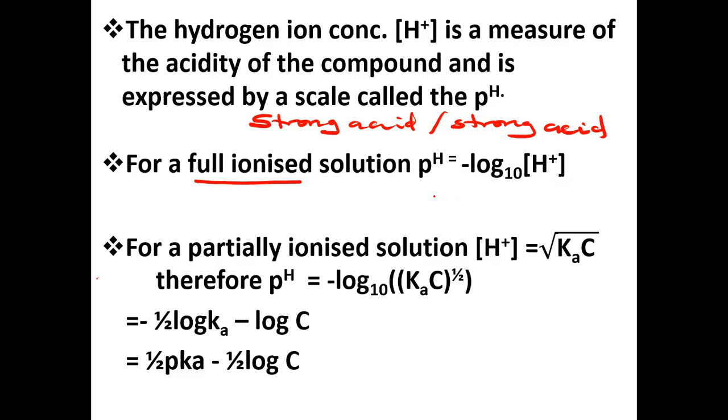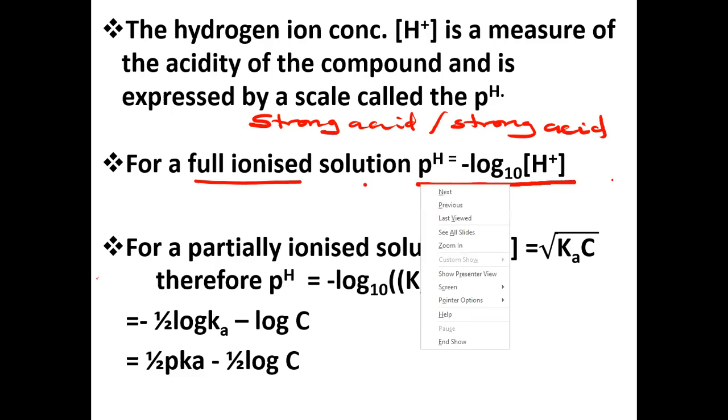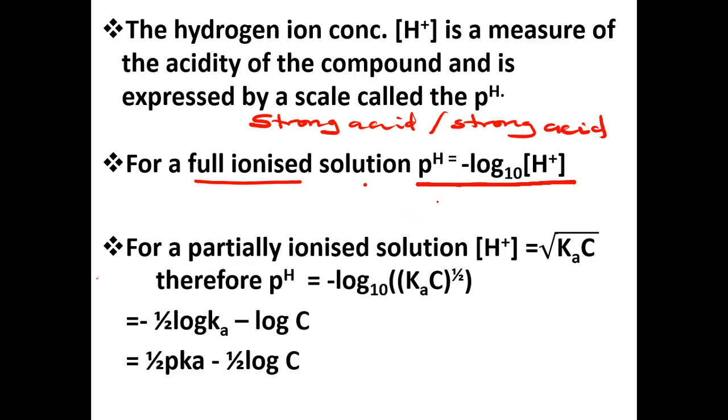And when we have a fully ionized solution, let's say of a strong acid, the pH is simply calculated by the negative log to the base 10 of the hydrogen ion concentration in that solution. For a fully ionized solution of a strong base, we can simply have the pOH given as the negative log to the base 10 of the OH minus concentration in that solution.